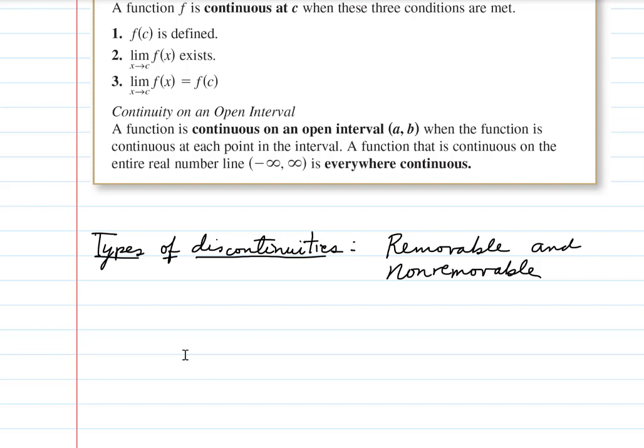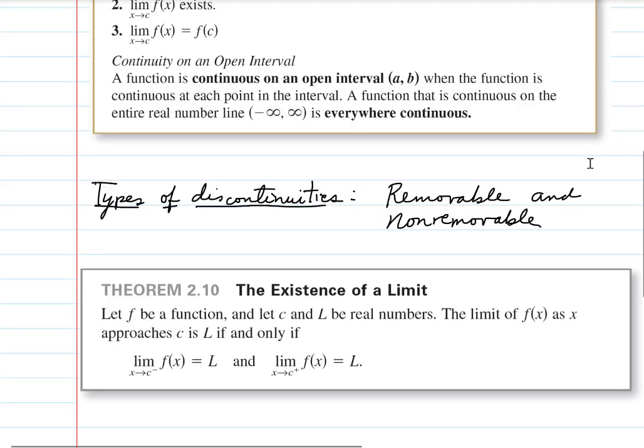We've already been talking about the one-sided limits, and we have said that the existence of a limit depends on the two one-sided limits. The limit of the function coming from the left, as x goes to some limit point c, has to match the limit coming from the right. First of all, they both have to exist, but not only that, they have to be the same number.